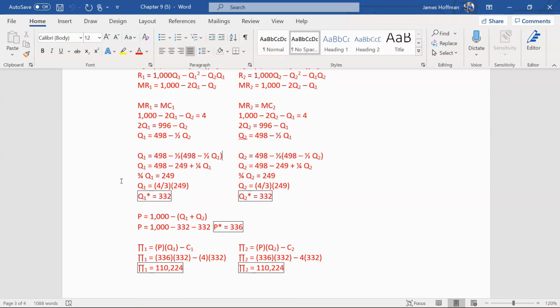And now we get only Q1, so solve for Q1 to get firm 1's output. We get 498 minus 249 plus 1/4 Q1. Subtract 1/4 Q1 from both sides. We get 3/4 Q1 equals 249, and then multiply both sides by 4/3, you get 4/3 times 249, and this simplifies nicely to Q1 star of 332.